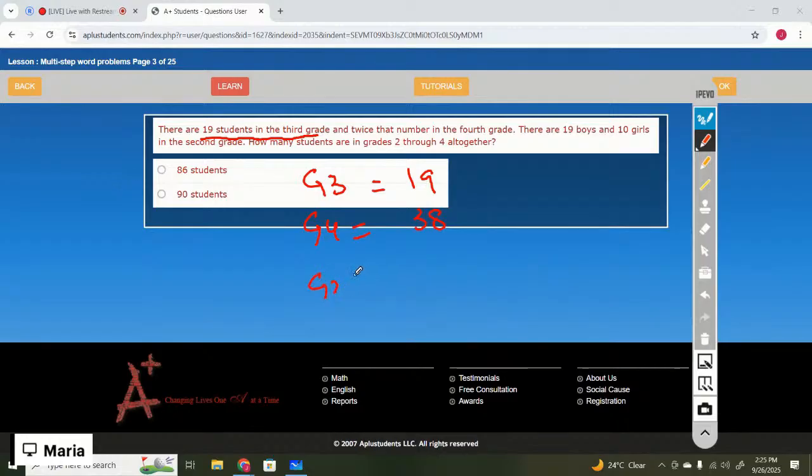So grade 2 we have 29. How many students in grade 2 through grade 4? Nineteen plus 38 plus 29.